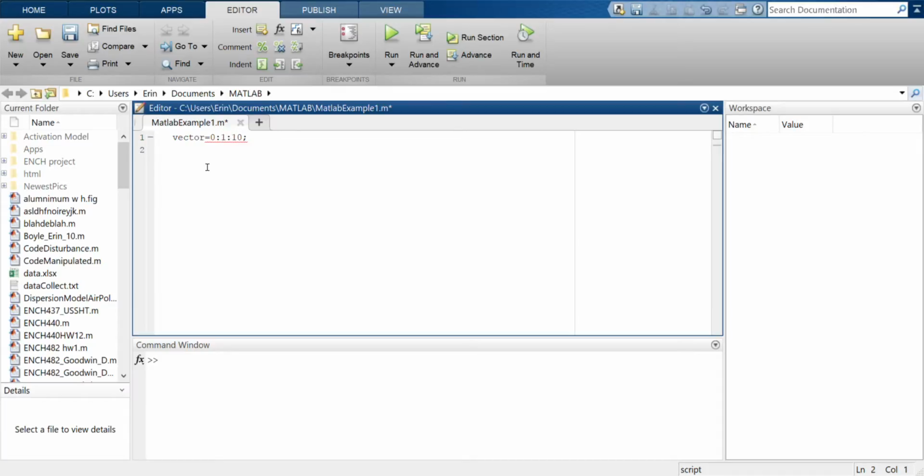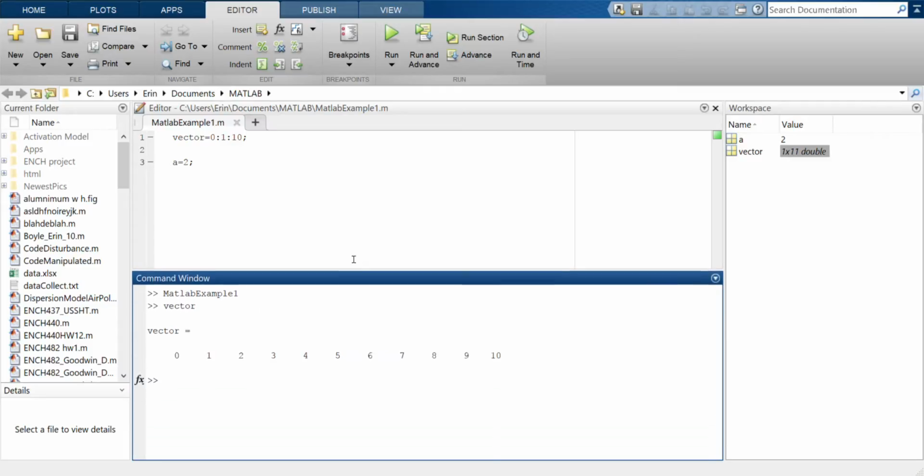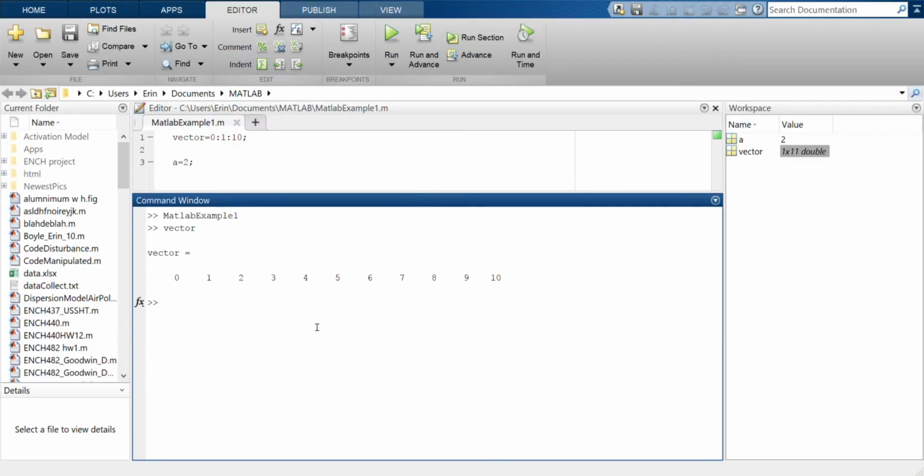That's my vector. And let's say that I have a constant a, and let's set a equal to 2. So if I output my vector, I have my vector of 0 to 10.